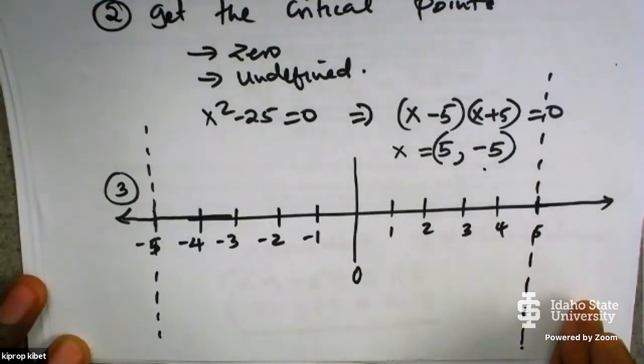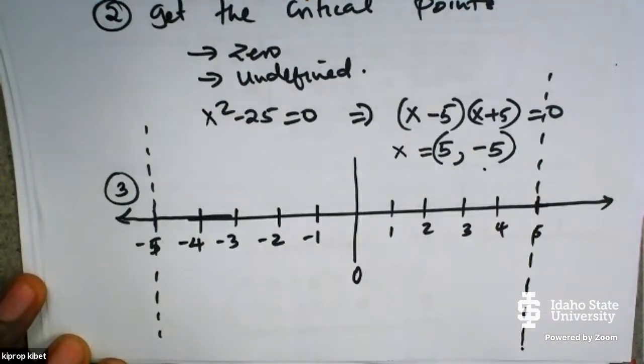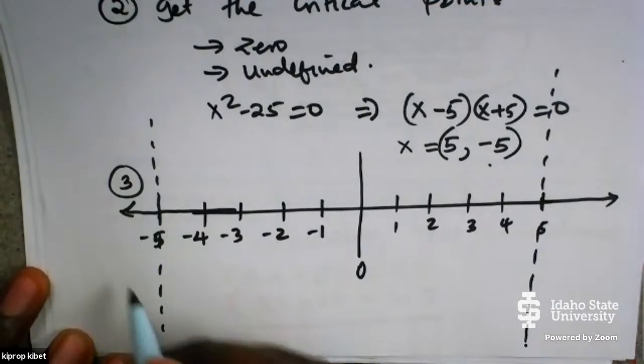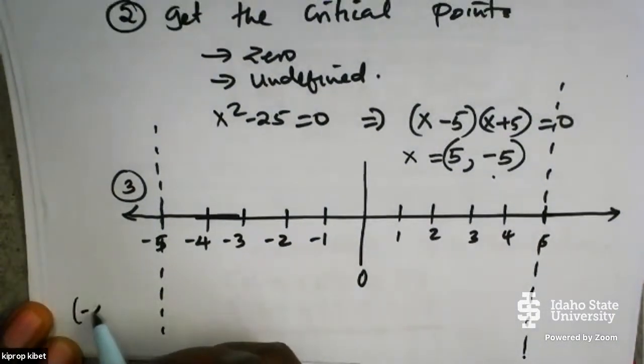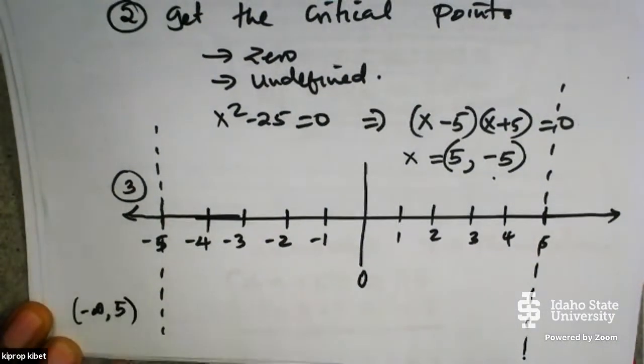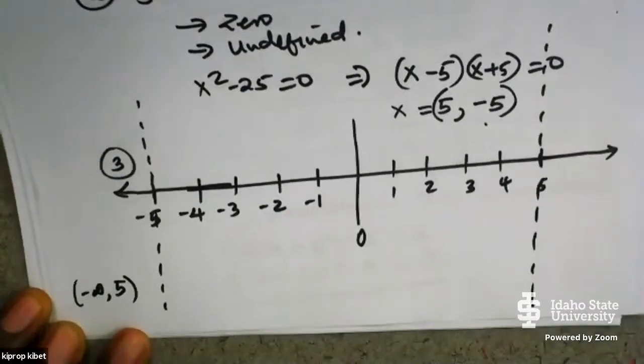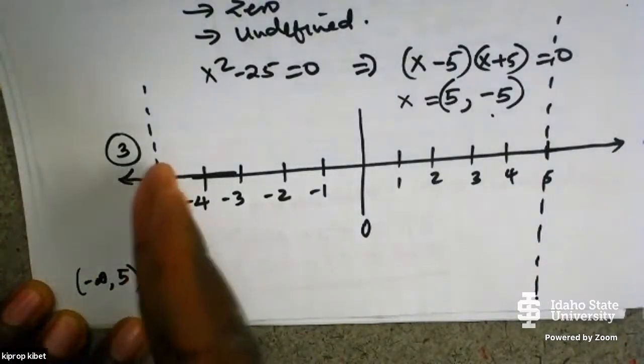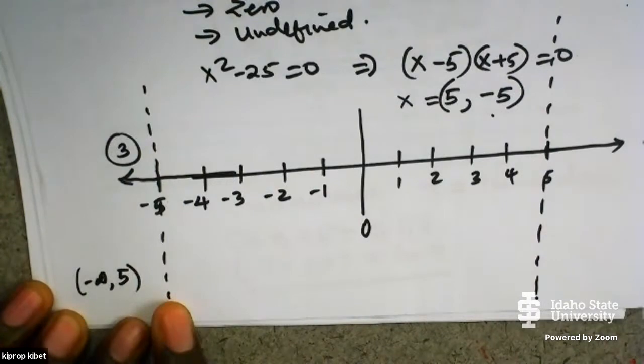Now, the intervals on these levels: at this point it is minus infinity to minus 5, right? So it is going from minus infinity to minus 5.